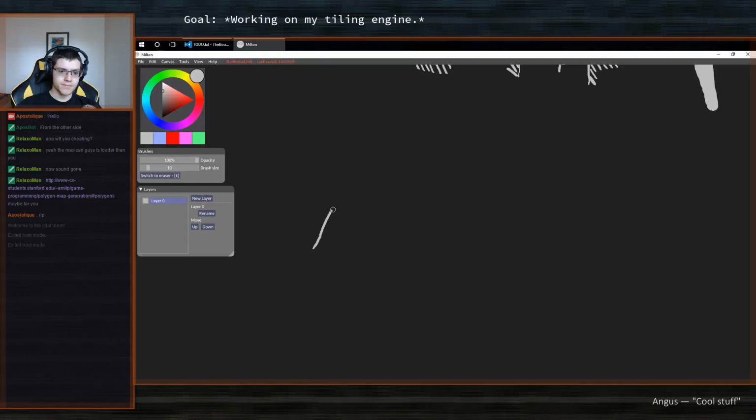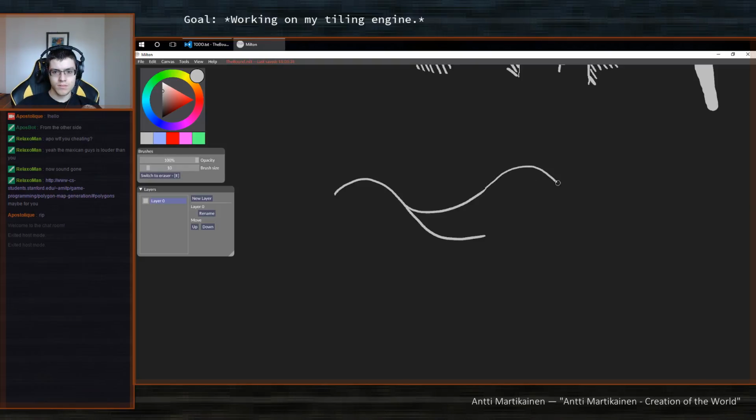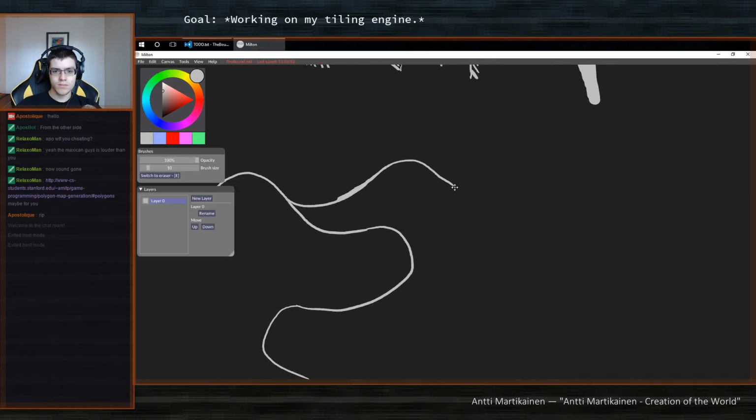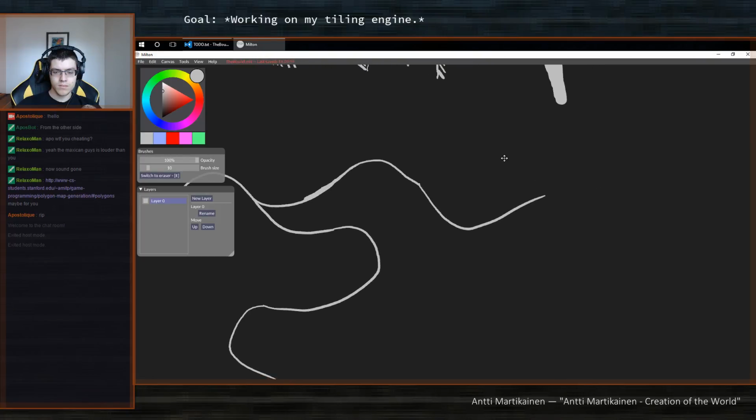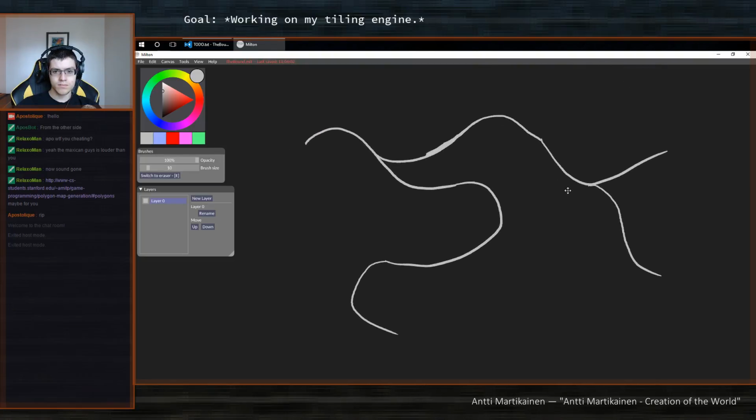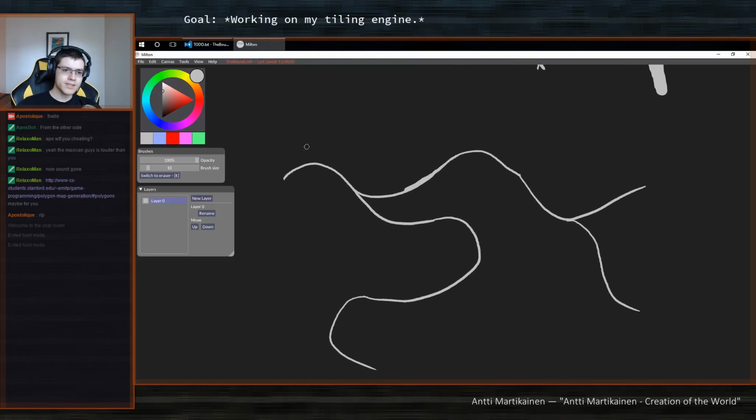I generate this sort of river, but then my screen size is only this big.